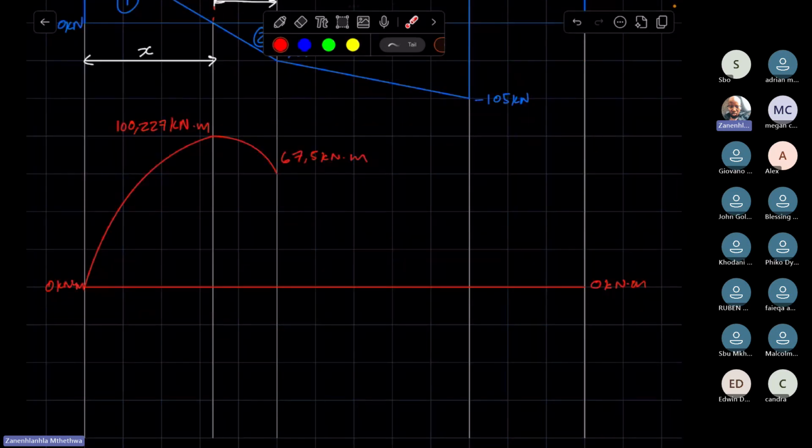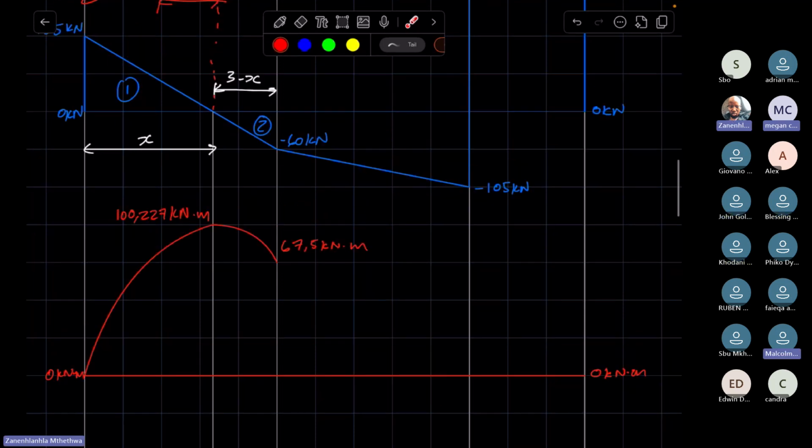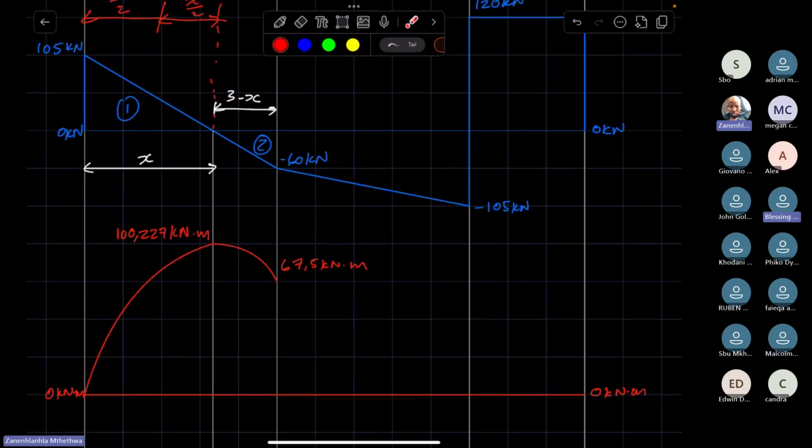Are we together? Yes, sir. Remember that the bending moment calculations at critical points we had already calculated before drawing the diagrams. And this one we calculated because the shear force diagram indicated to us that this here might be a very important point to us. Hence, we then calculated the bending moment at this point as well.